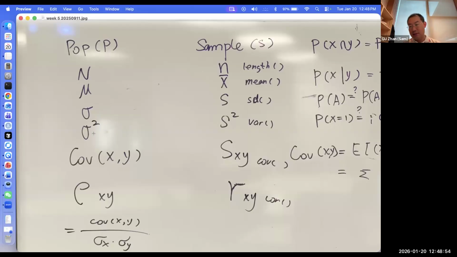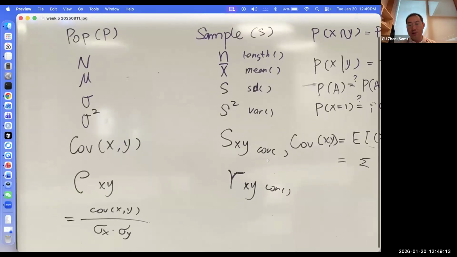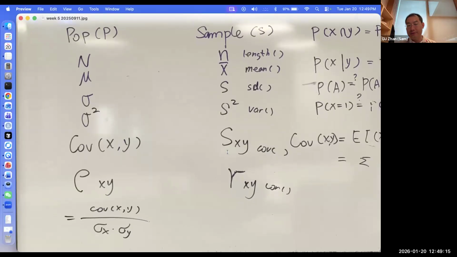Population variance is sigma squared, and s squared is the sample variance. Then for the covariance, it is Cov of XY. Sample covariance is sometimes written as s_xy. In R there is a covariance function, which calculates the sample covariance.